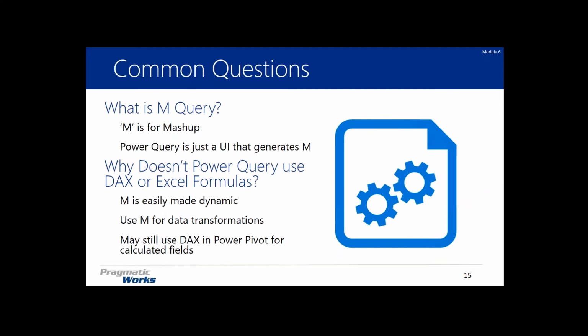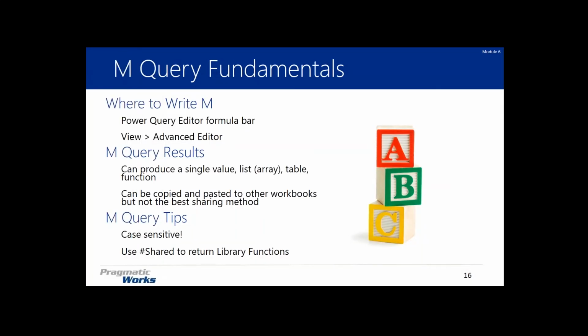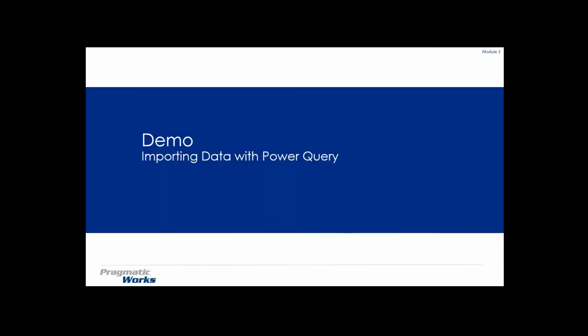There is a UI that you'll see, and it will actually generate all the M in the background for you. So a couple of places to write in. The only thing I really point out on this slide, down on the bottom left, just note that it is case sensitive. So if you're ever going in and modifying the queries that are written in the tool for you, just know that those are case sensitive whenever you make any modifications.